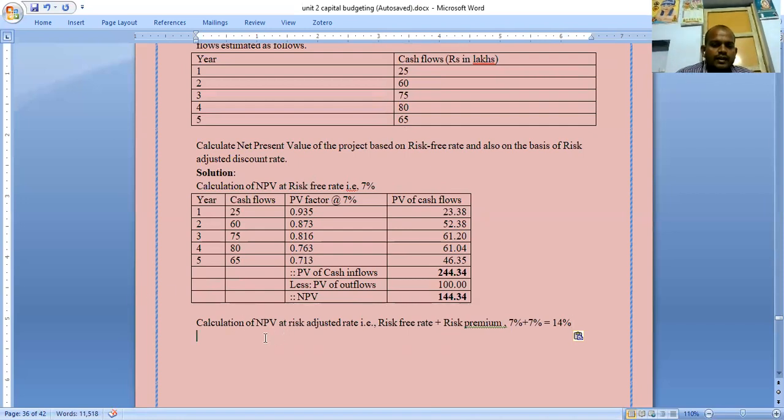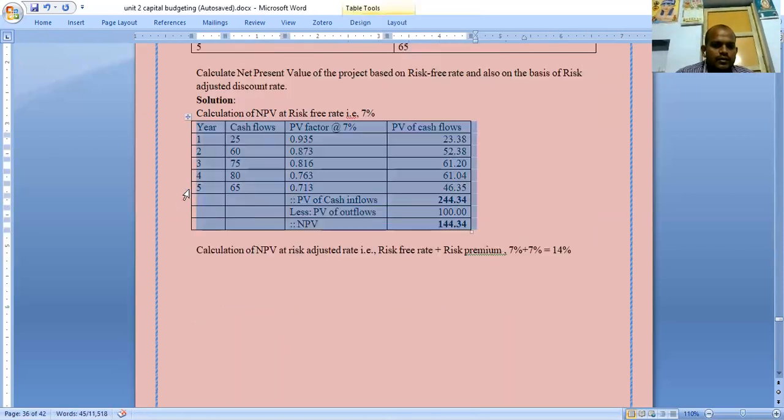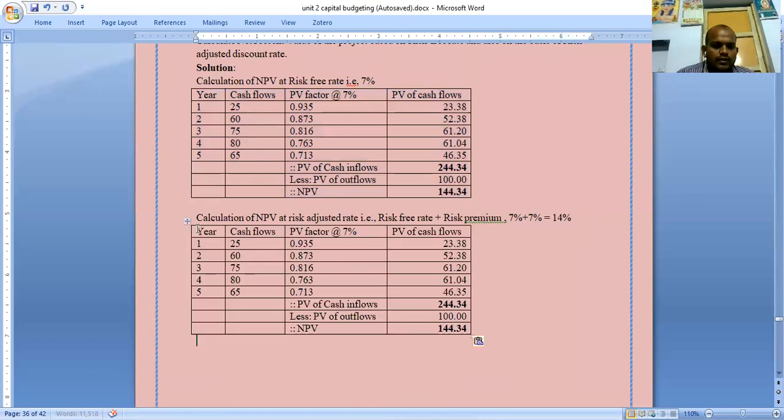Calculation of net present value at the risk-adjusted rate. I'm taking the same table. But at 14% we have to consider the present value factors.